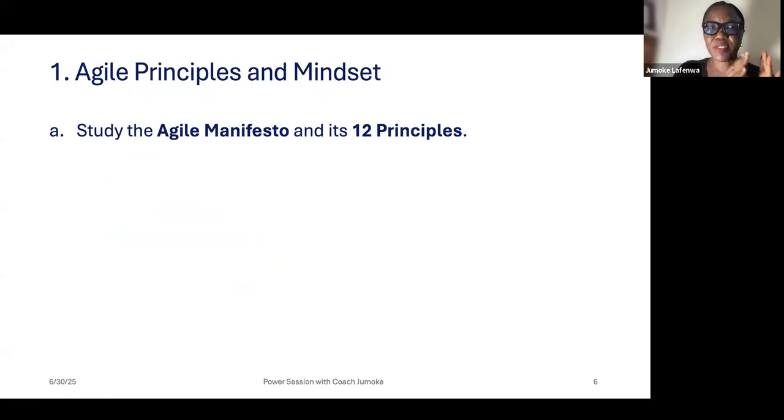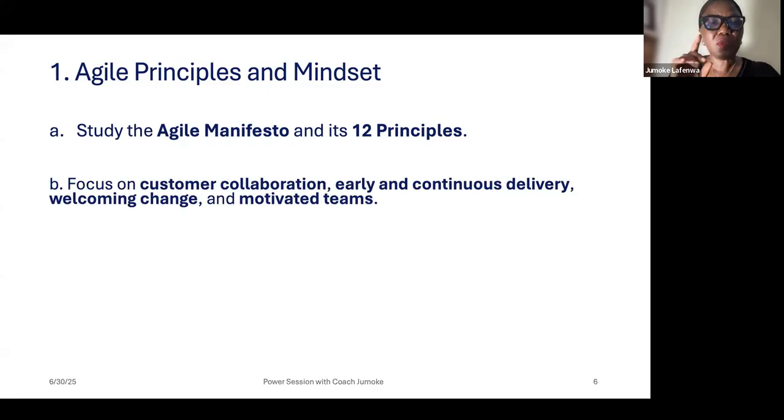Interaction is preferred over tools, collaboration is preferred over contract signing. There are only 4, and the 12 principles to make sense. So read, and in fact, the word here is study so that you know it.